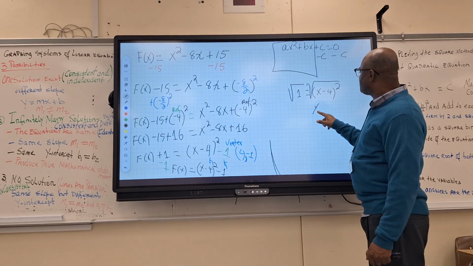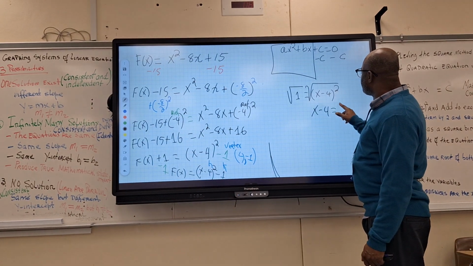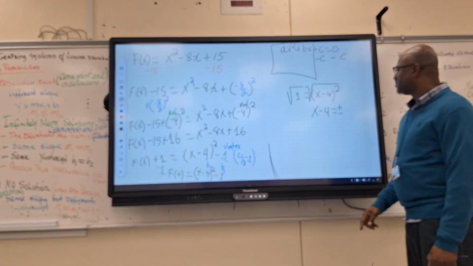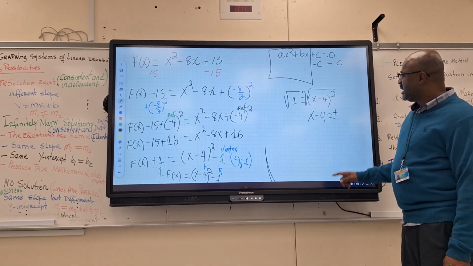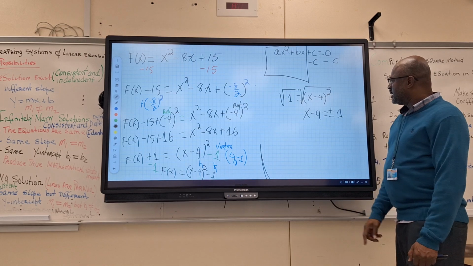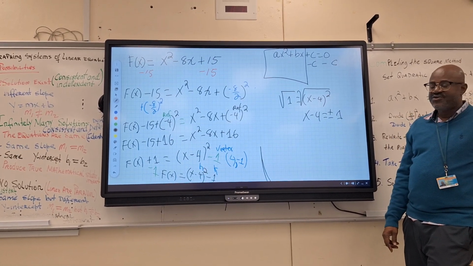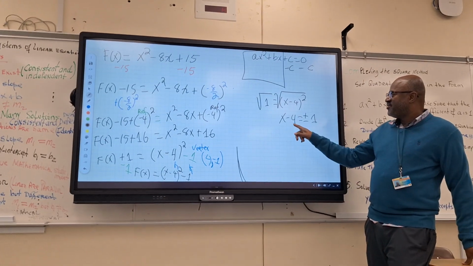Then you will have x minus 4 is equal to plus or minus square root of 1, what is that? 1. Then we need to find x by itself. How will you get x by itself? What will you do? You add 4.